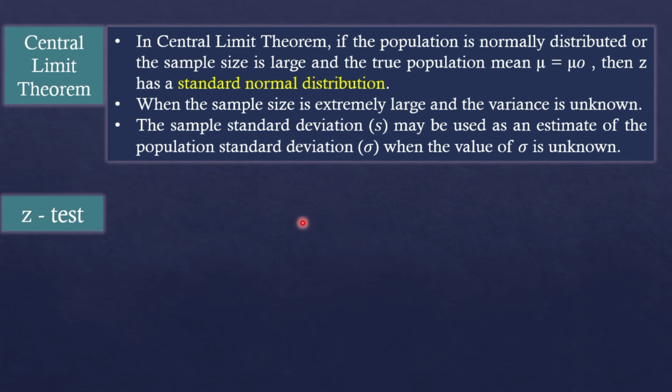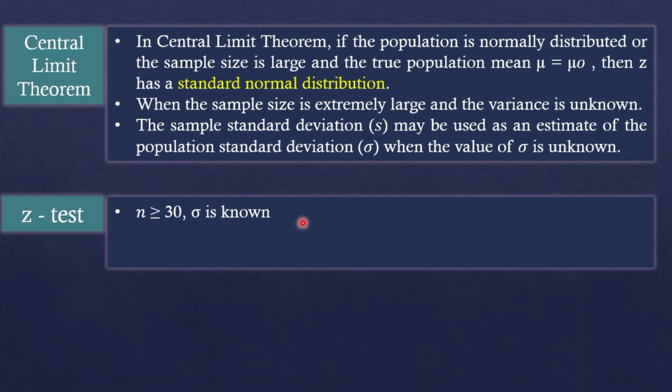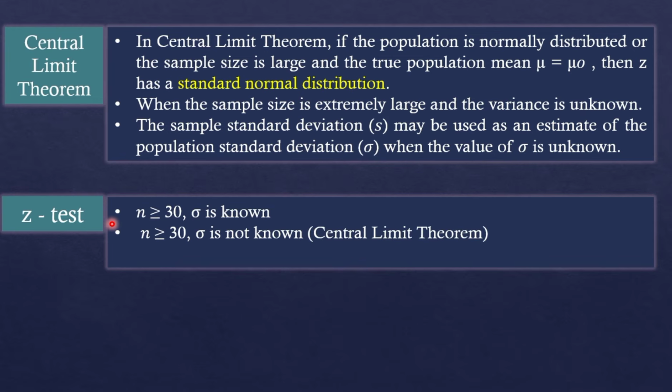So, to sum up, para hindi kayo malito kung paano natin i-identify kung z-test ba or t-test ang gagamitin natin given the problem. So, tatandaan lang natin, kapag yung sample size natin ay greater than or equal to 30 and then the population standard deviation is known, so z-test ang gagamitin.